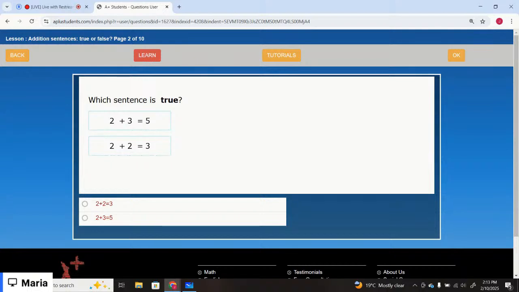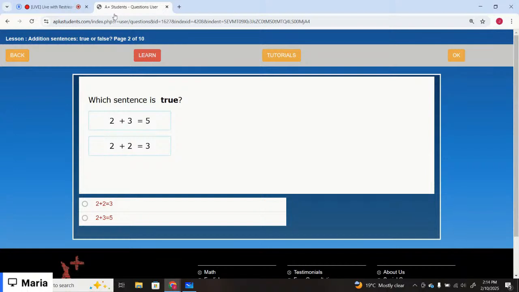Which sentence is true? 2 plus 3 equals 5 and 2 plus 2 equals 3. So which is the correct option? You have to just add and see which one is the correct one.